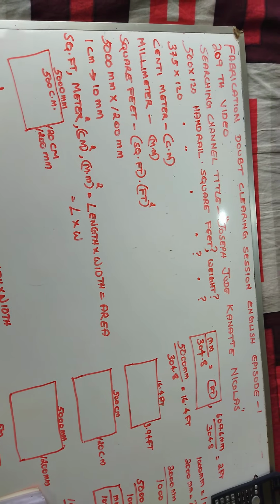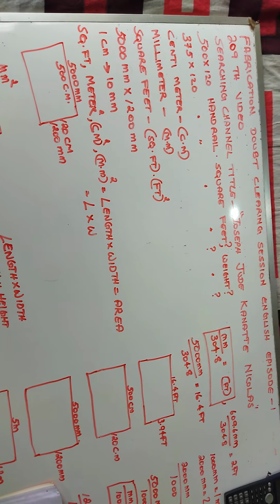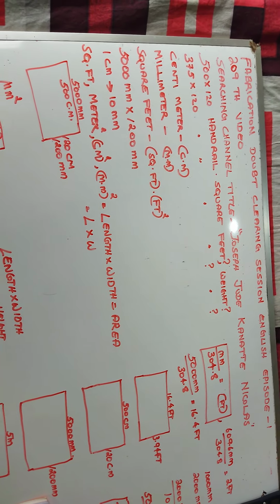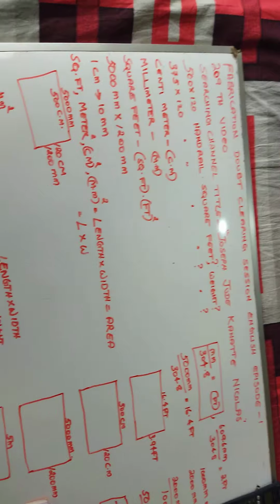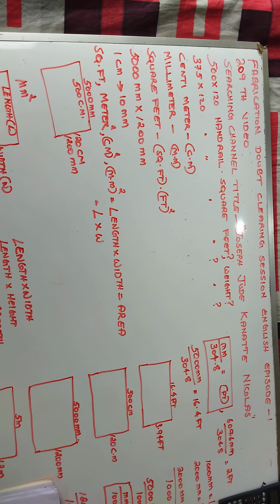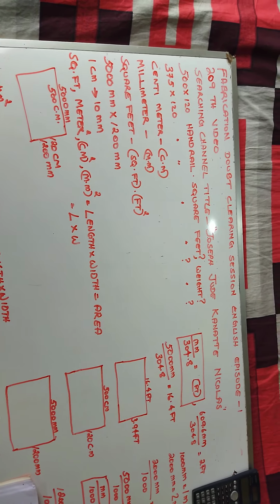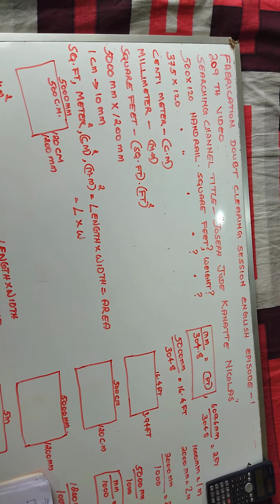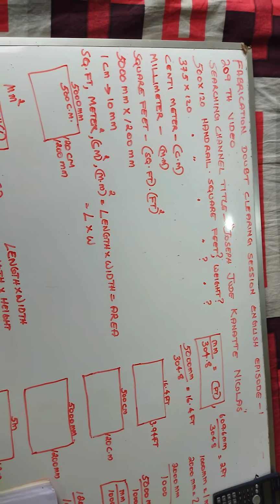Their work won't have full accuracy like fabrication. In fabrication, it has to have high accuracy. High accuracy means it shouldn't be bigger than 0.5 mm and it shouldn't be lesser than 0.5 mm. That much accuracy our fabricated jobs have to have.